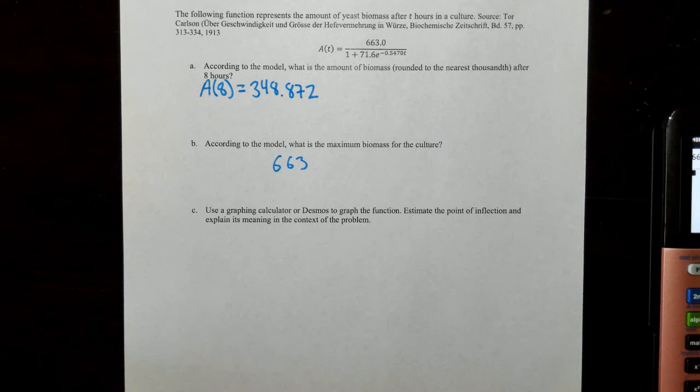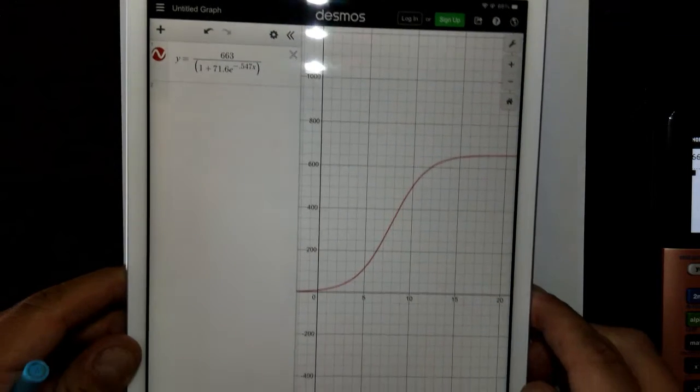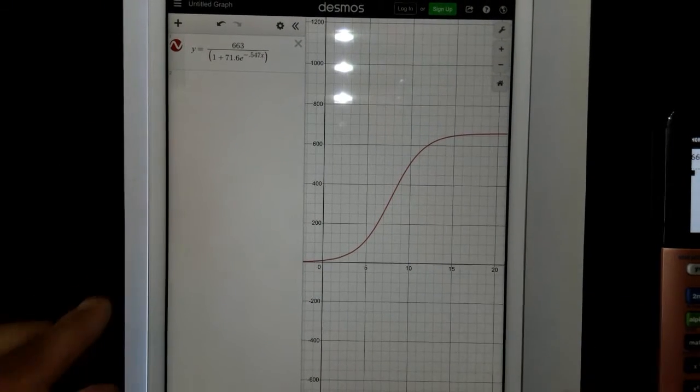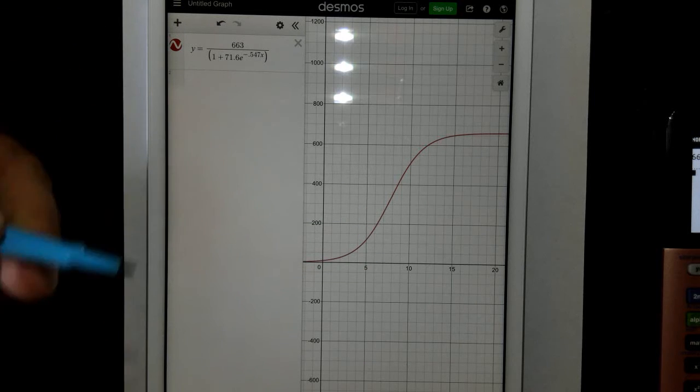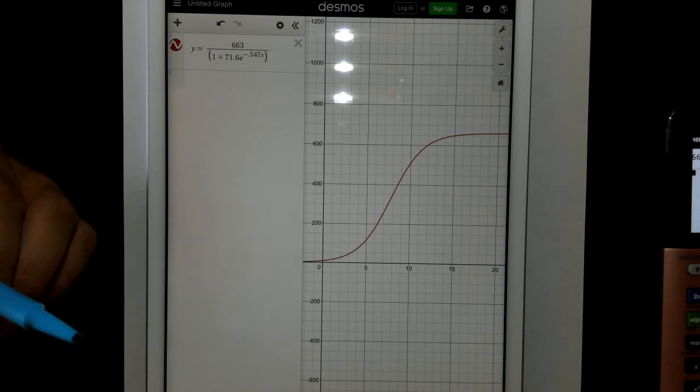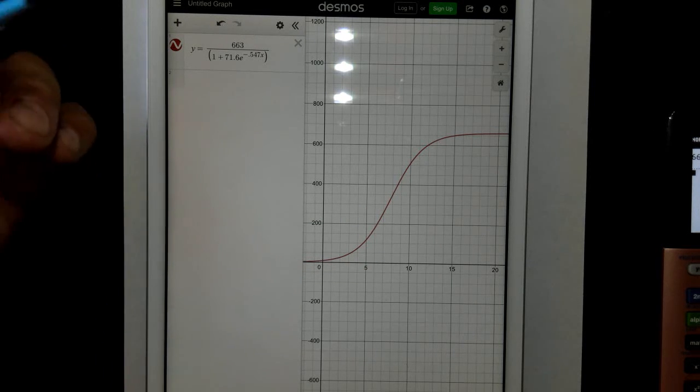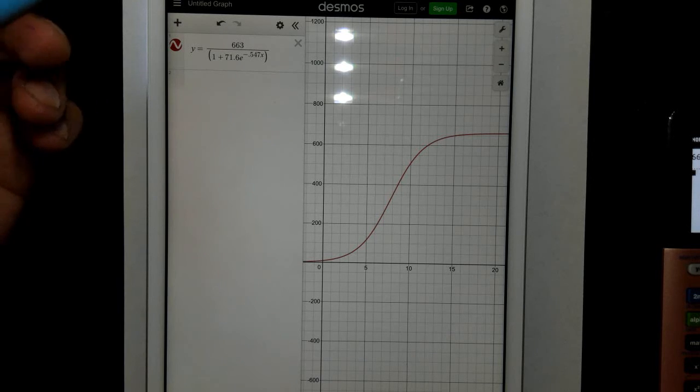And then part C, use a graphing calculator or Desmos to graph the function. Estimate the point of inflection and explain its meaning in the context of the problem. So I went ahead and graphed it onto Desmos, and the point of inflection is in the center of the growth, and the point of inflection is where the rate of change is greatest, where it's growing quickest.